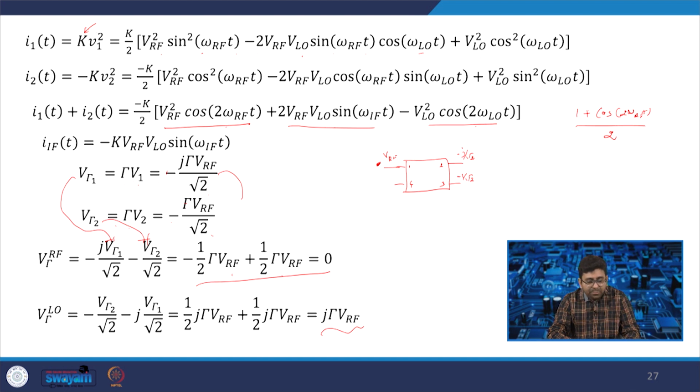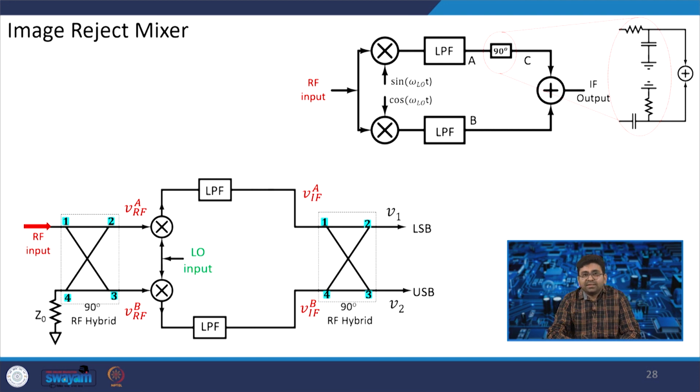There is another configuration, that is the image reject mixer. What we have studied while discussing the image reject receiver is the same thing, that is a Hilbert transform, adding a 90-degree phase shift, and in that we considered an RC-CR combination to provide the 90-degree phase shift.